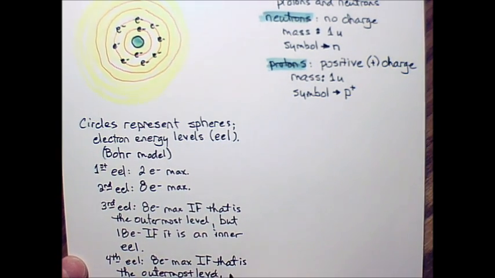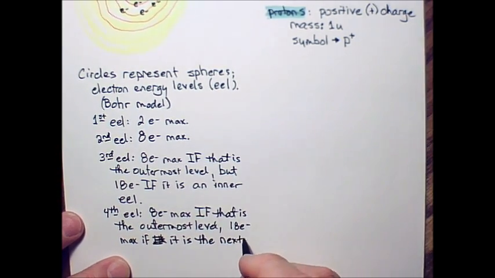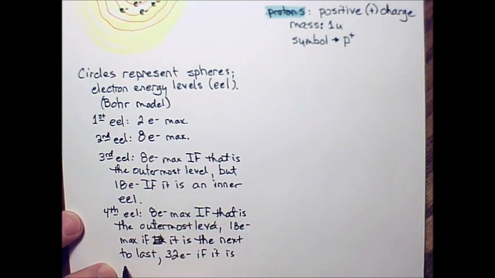Okay. 18 electrons is the max if the fourth level is next to last, and 32 electrons if it is, or let's say it has, 2 or more levels above it.